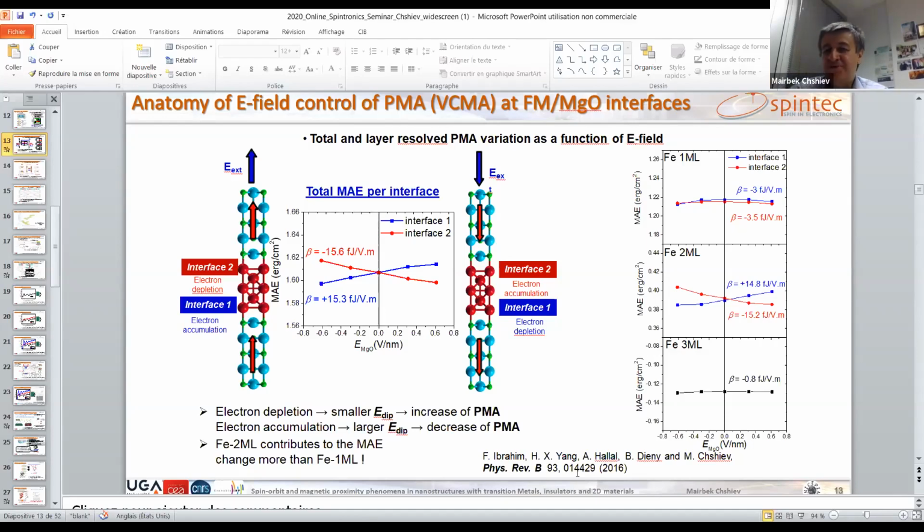Our approach is that we calculated the VCMA by dividing by this electric field, which we already get from our calculation, which normally takes it into account already. So in our case, we didn't divide by this dielectric constant.